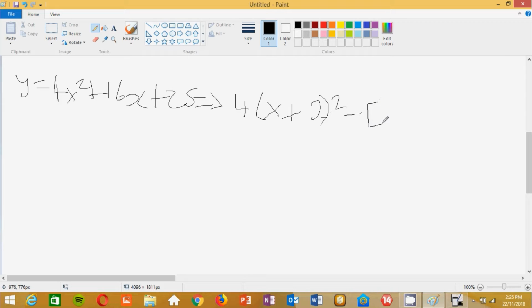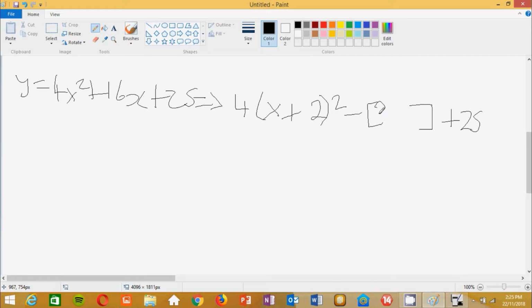My next step is minus, I put my brackets there, and then plus 25. The plus 25 I just put there as it is. Then inside here, what comes in here is 2 squared multiplied by 4.